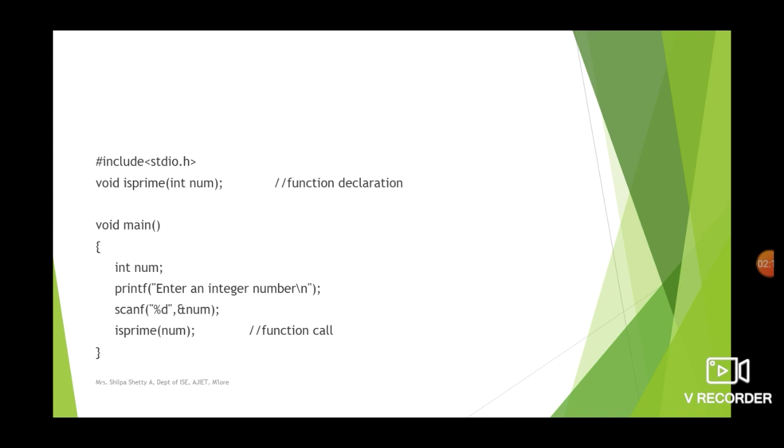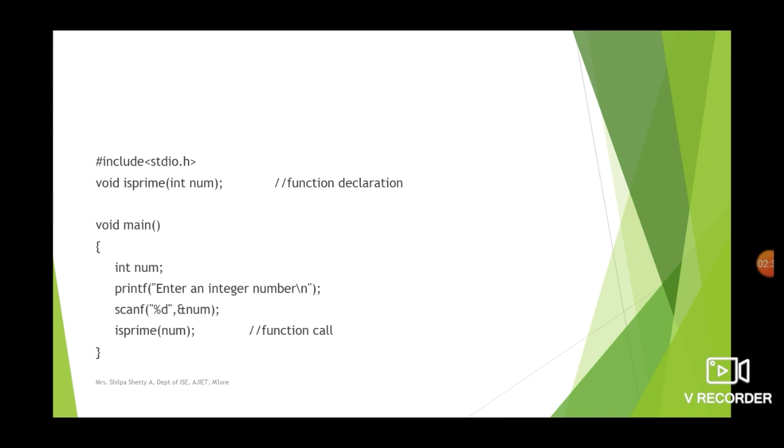We have declared variable num, to which we are reading the value now. scanf %d, because num is declared as integer and the value entered by the user has to be stored in num, so ampersand num. Next, isPrime of num. We are calling the function isPrime, passing num as the parameter. This is the function call because we are invoking the function.